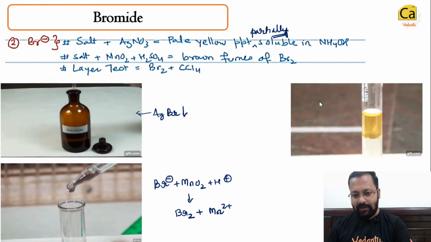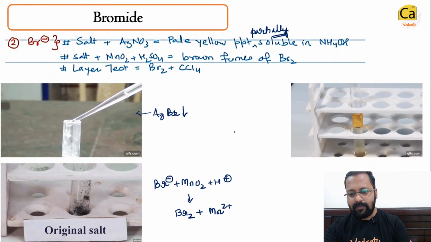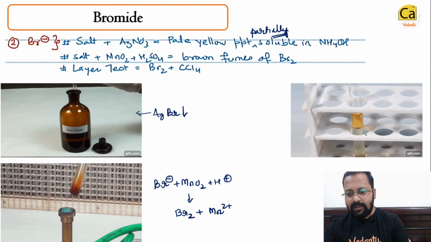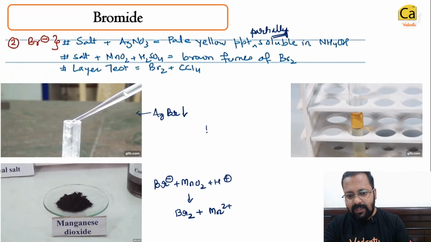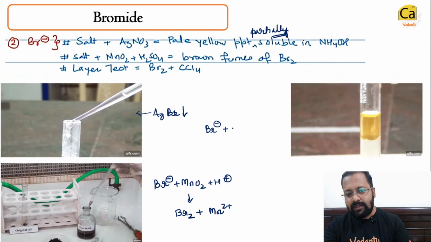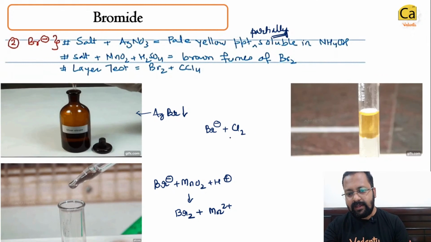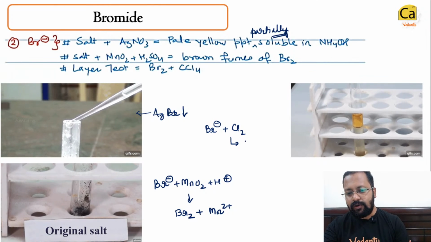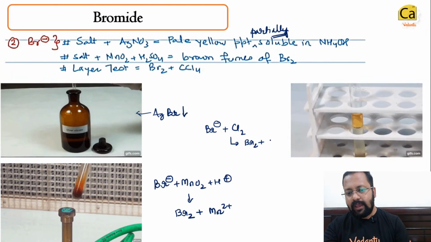ऐसा होता क्यों है? Okay, why does this happen? Can you see this? So if there would have been a bromide species, then जैसे ही आप chlorine water add करते हो, it turns into bromine and chloride.